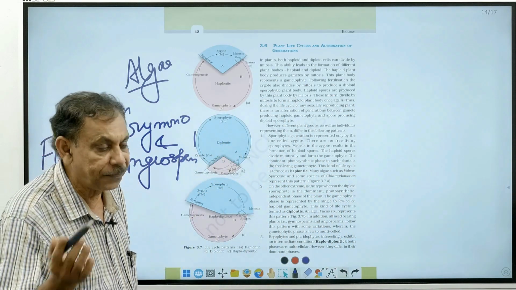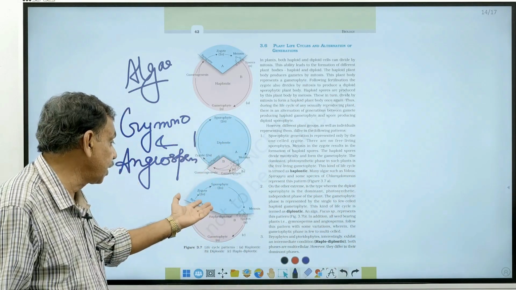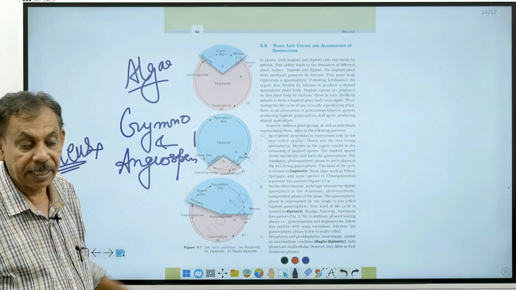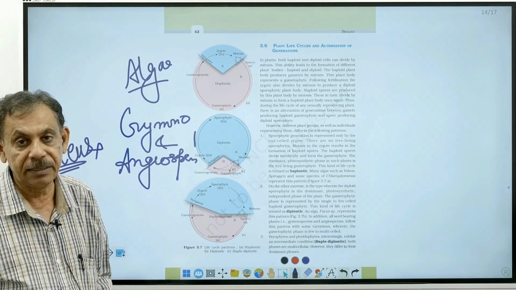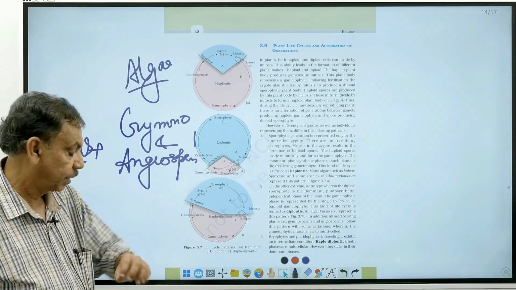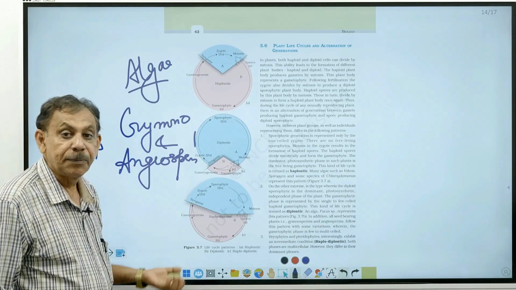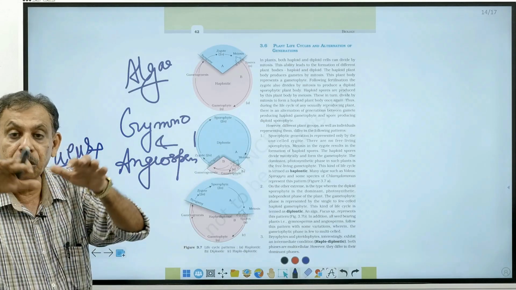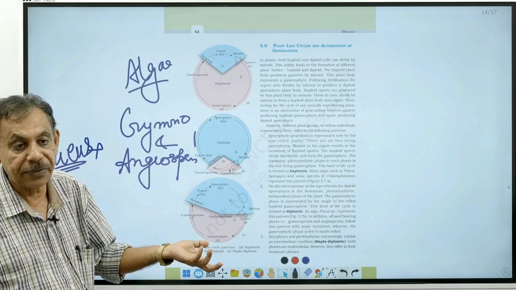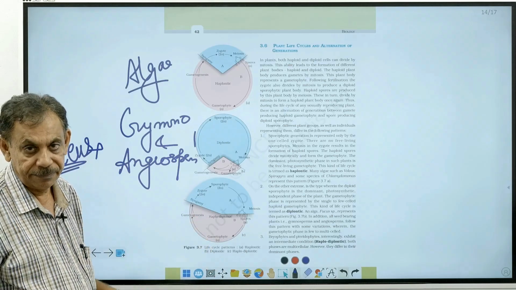In pteridophytes, the sporophytic generation is dominant. The gametophytic generation is highly reduced, but both are independent. In bryophytes, the sporophytic generation depends upon the dominant gametophytic generation.